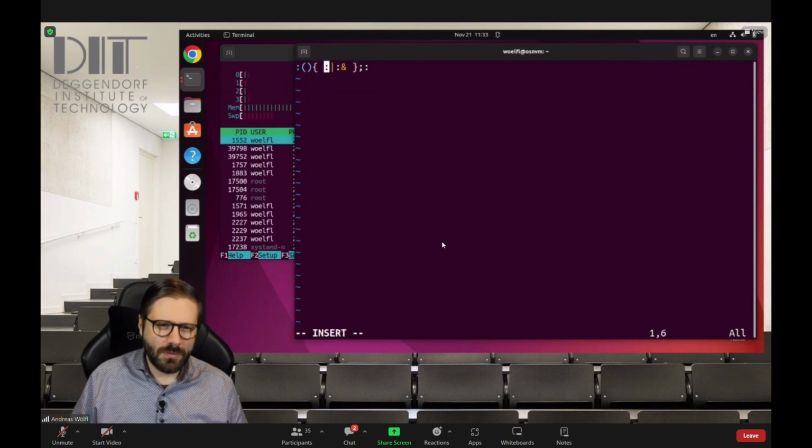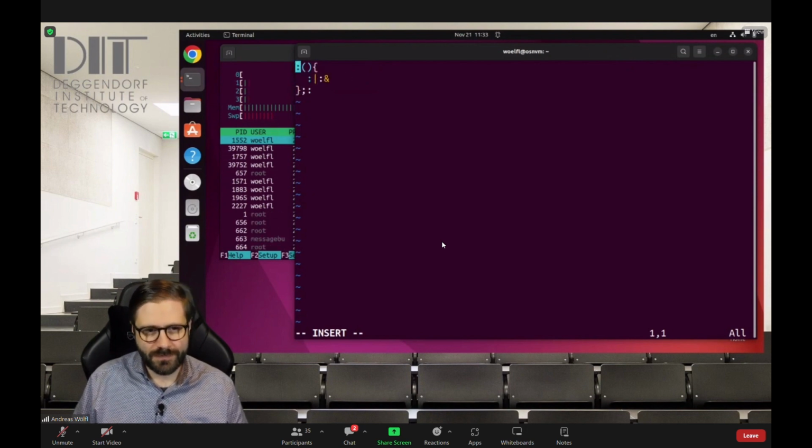So this sequence constitutes a shell function, right? If you add some line breaks, then you see what this fork bomb actually is: it's a shell function that is named colon.